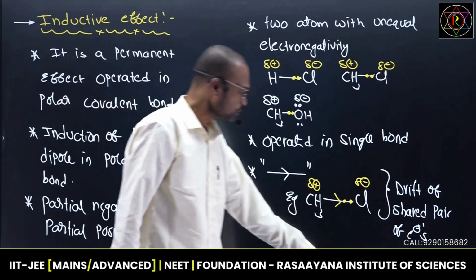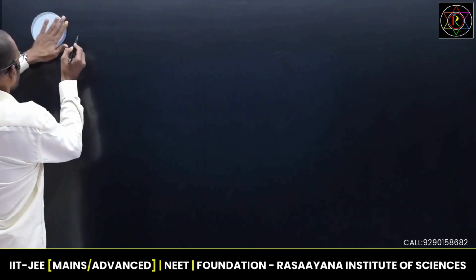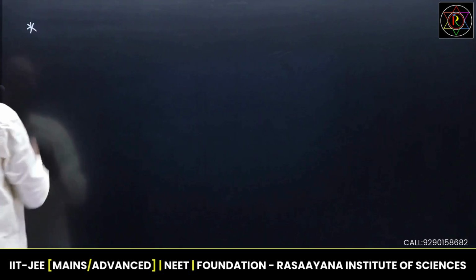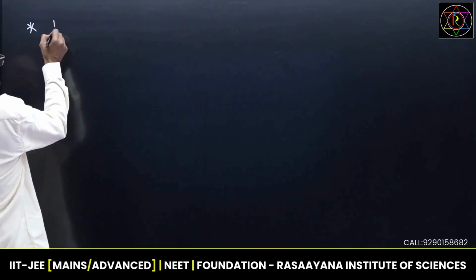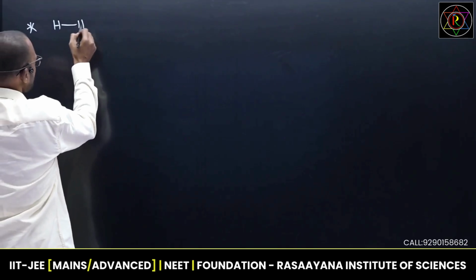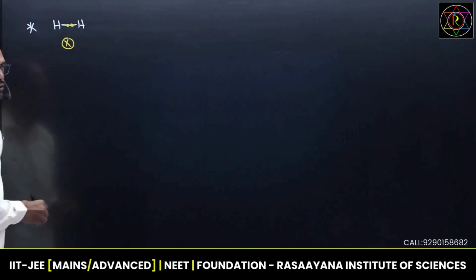Okay, some elements are there in which the two atoms are unequal, but they don't have proper induction. Especially see, if I take hydrogen and hydrogen, in this case the shared pair of electrons is exactly in the middle of the bond, so there is no inductive effect.